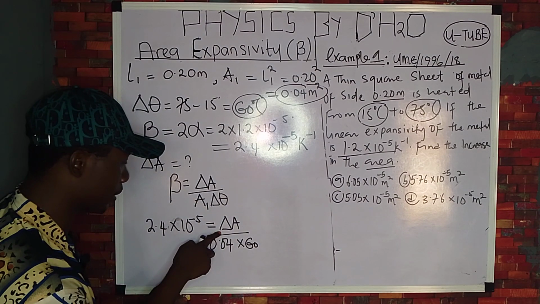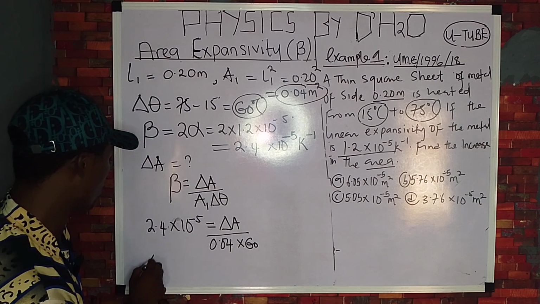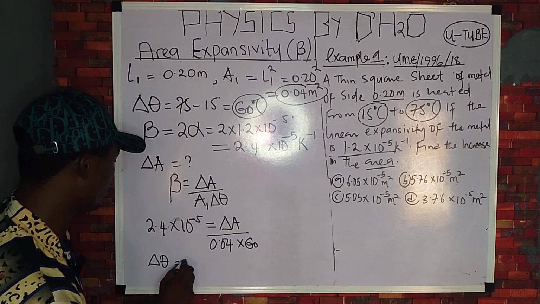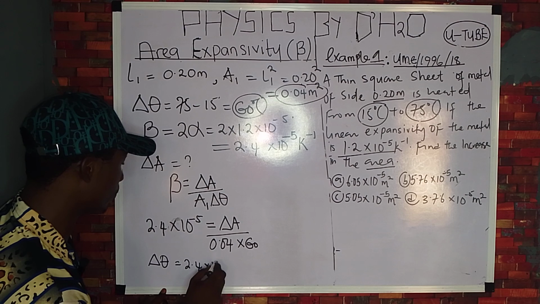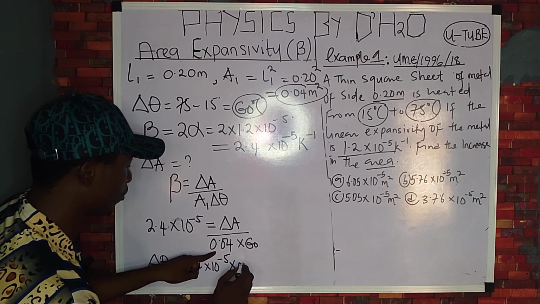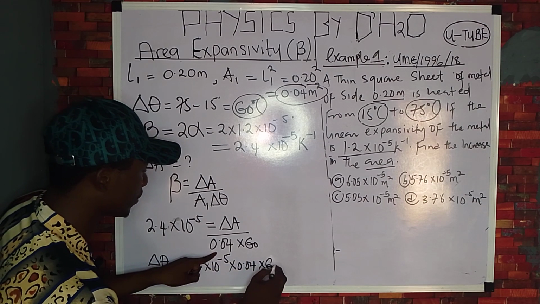So it's very easy. You can get your increase in area by cross multiplying the values. So our increase in area will give us 2.4 times 10 raised to the power of minus 5 times 0.04 times 60.